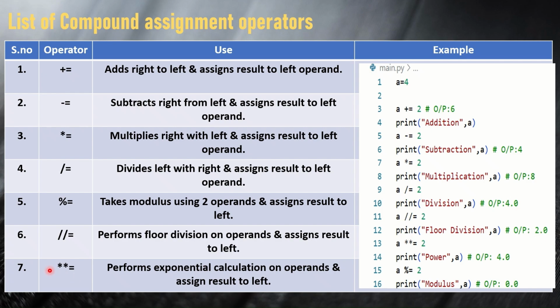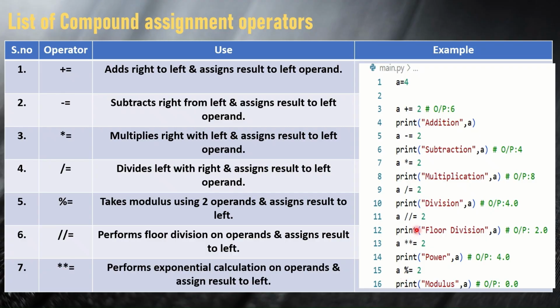And finally we have the compound assignment operator star star equals. This is mainly responsible for performing exponential or power calculations on operands that we have in mathematics, right? To perform power operations, for example, 2 cube, 3 cube, those operations can be performed using this operator.